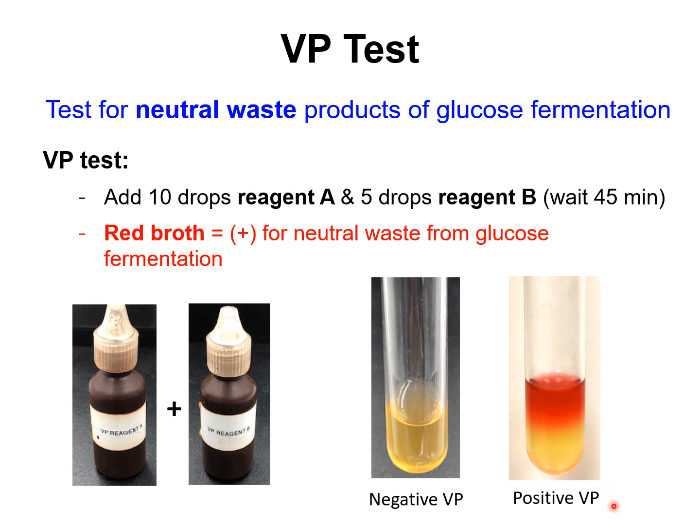This is kind of how it should look like. So it's going to be red up at the top. And if it's red up at the top for the positive Voges-Proskauer, that means that when your bacteria is fermenting glucose, it's producing a neutral waste.